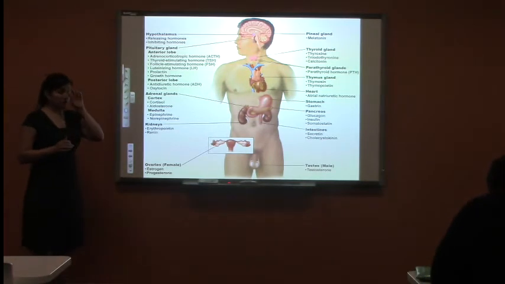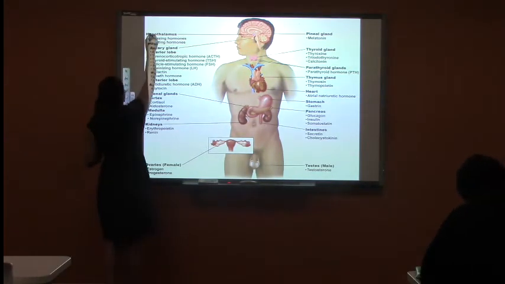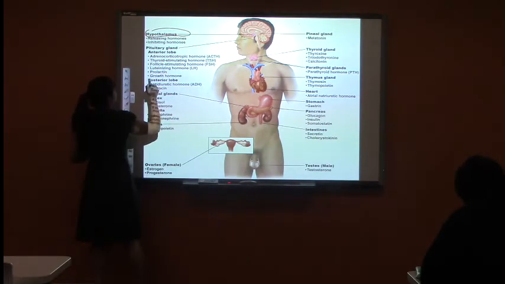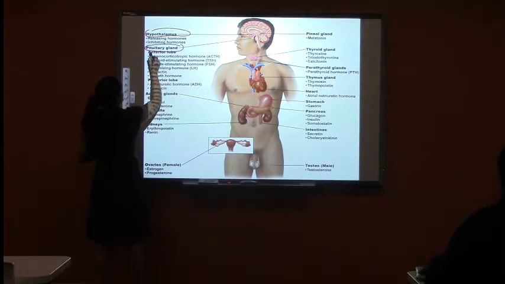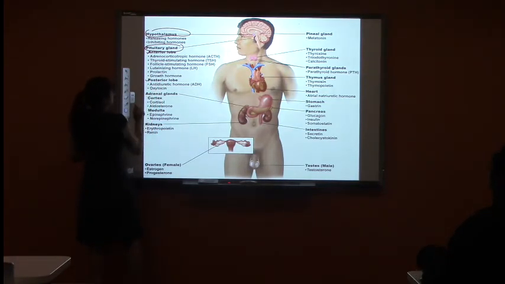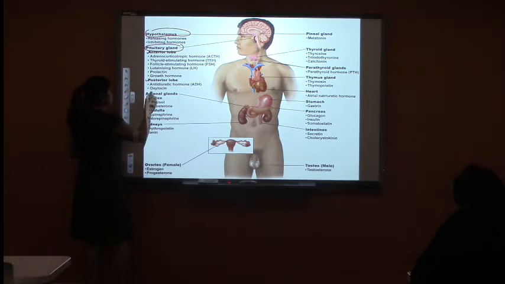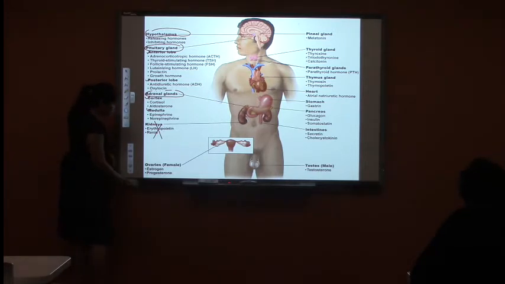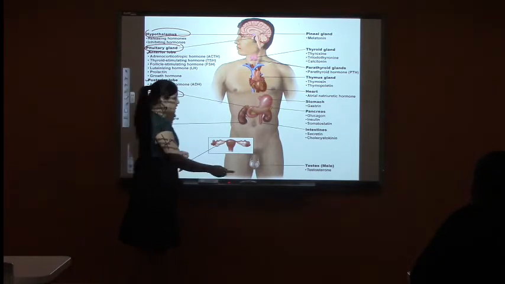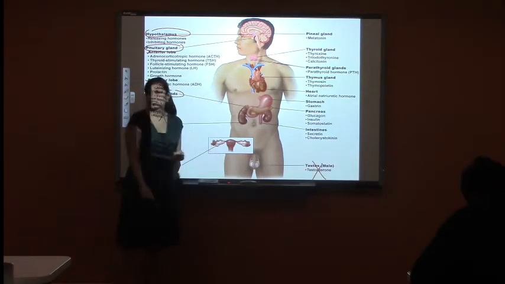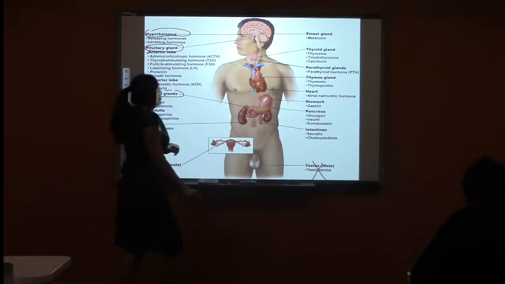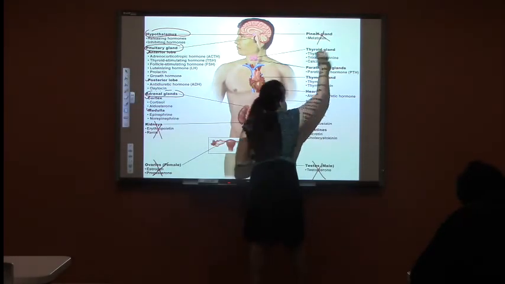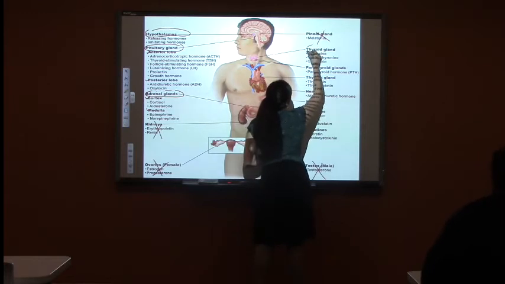Now, these are the glands you're responsible to know. You're supposed to know the hypothalamus, the pituitary gland, which has the anterior lobe and the posterior lobe, and the adrenal gland, which has a cortex and a medulla. Kidneys, we don't talk about right now; I'll discuss it when we deal with the urinary system. Ovaries and testes, I'll cover in the reproductive system. Pineal gland, I don't talk about. Thyroid gland, we talk about right now.